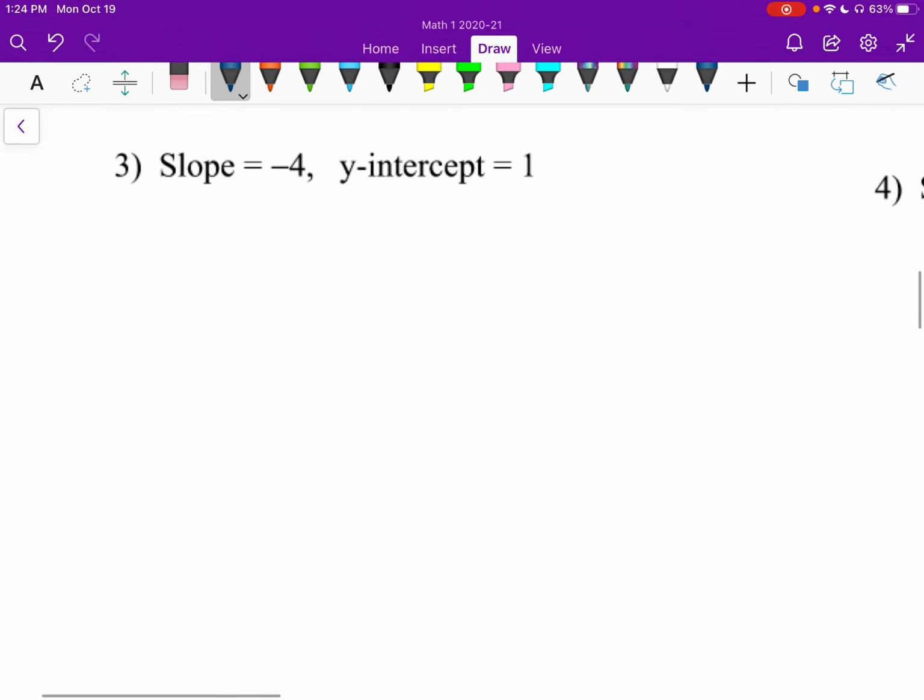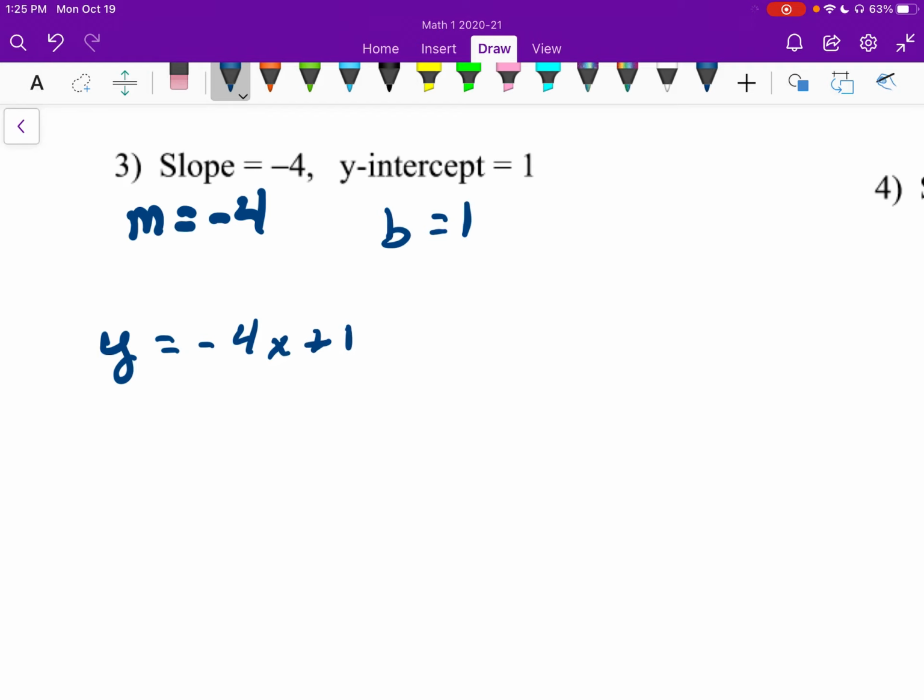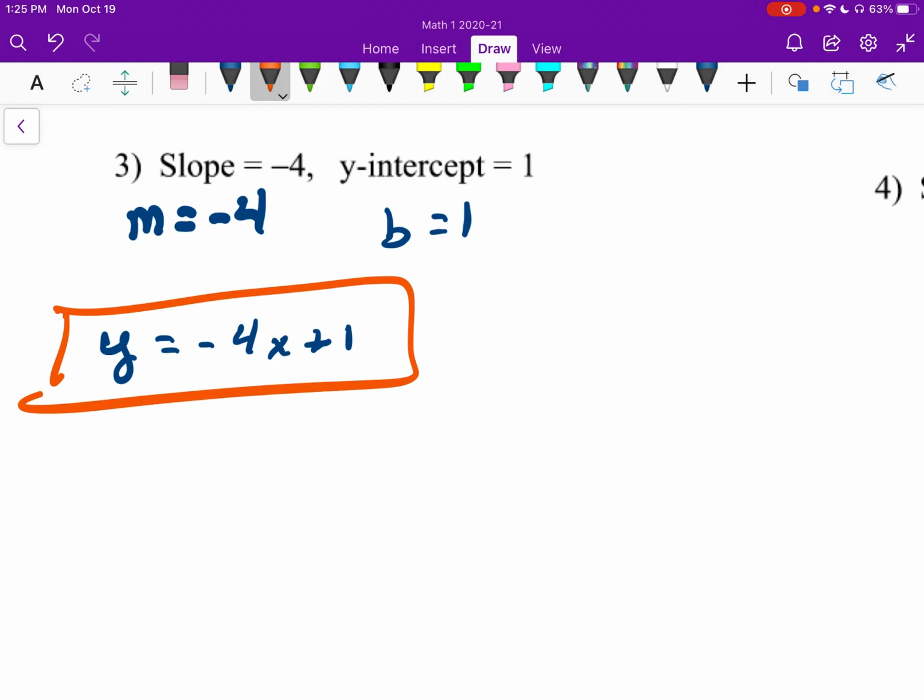Number 3. So starting off, our slope is -4, so m is -4, b is 1, y equals -4x plus 1. And that's our slope-intercept form.